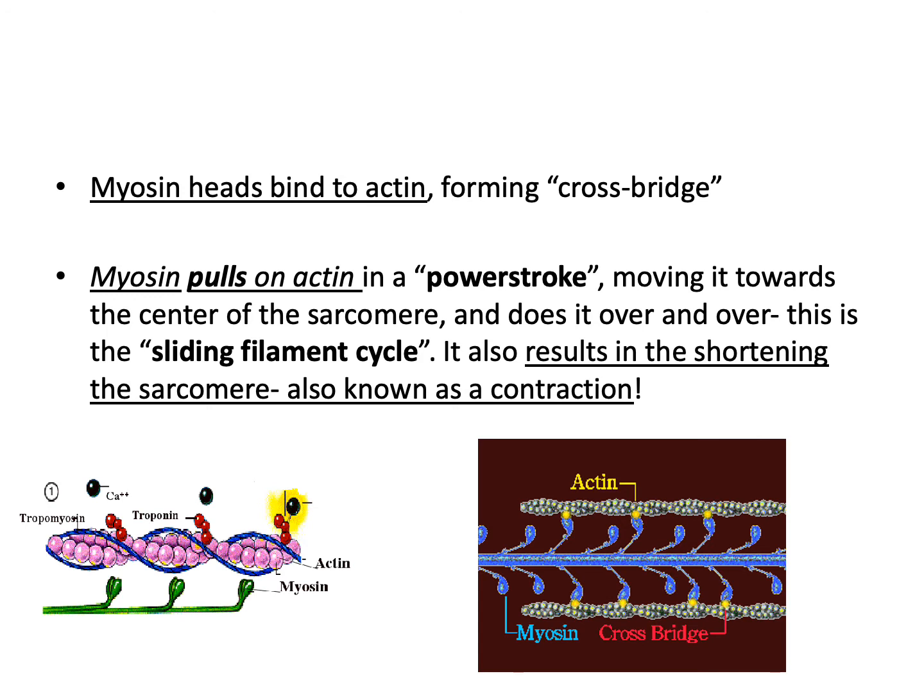When that myosin binds to the actin, that has a name. It's called cross-bridging. I don't know why. It just does. So when the myosin is linked up to the actin, it's called a cross-bridge. And then when the myosin pulls on the actin towards the middle of the sarcomere, that's called a power stroke. It's going to do it over and over and over again until you're done contracting.